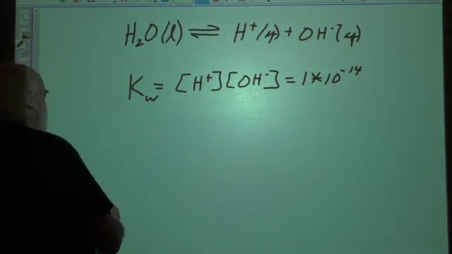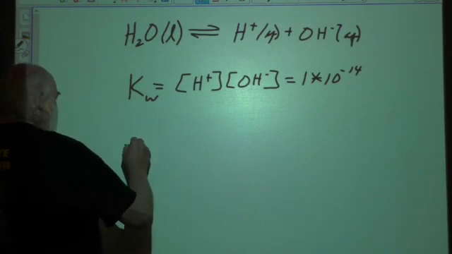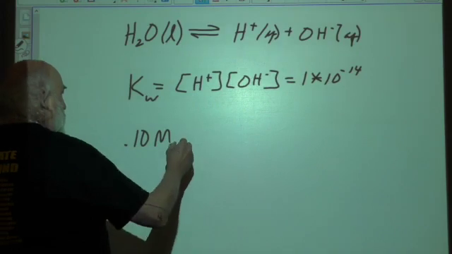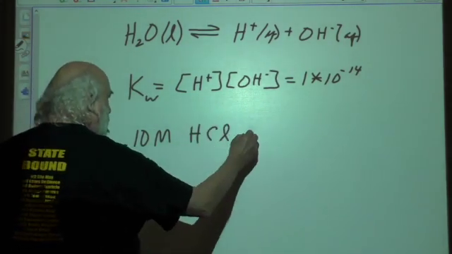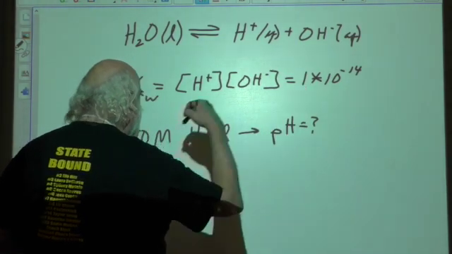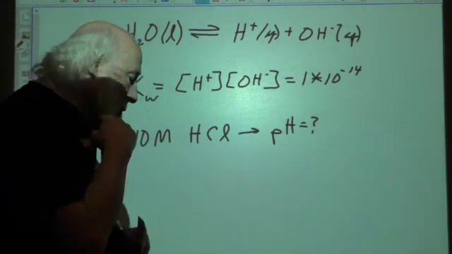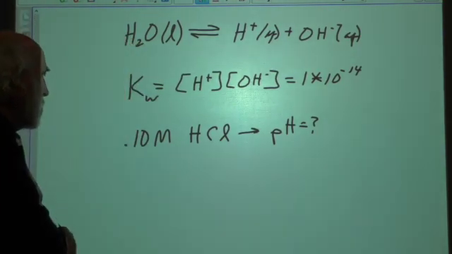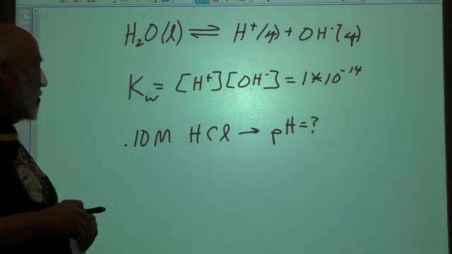let's suppose that we have a 0.10 molar solution of HCl. And I want to know what the pH is for this, based upon this right here. Okay? Now, 0.10 molar means it's 0.10 moles per 1 liter of solution.